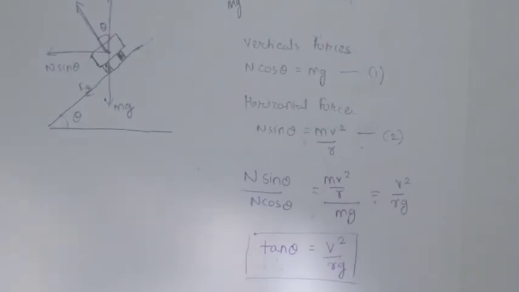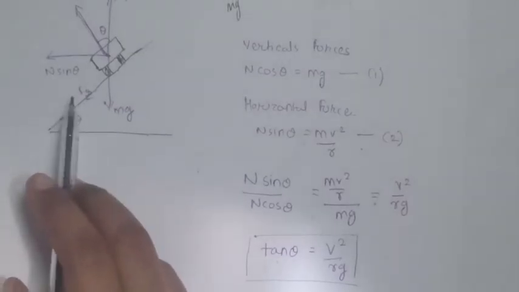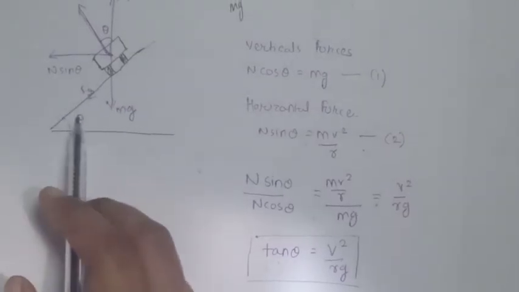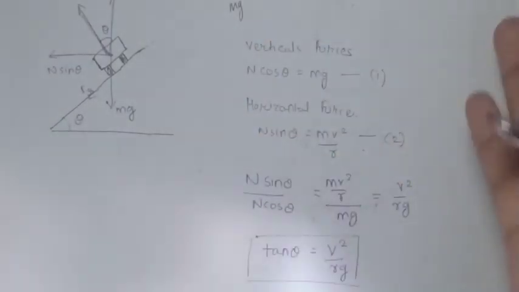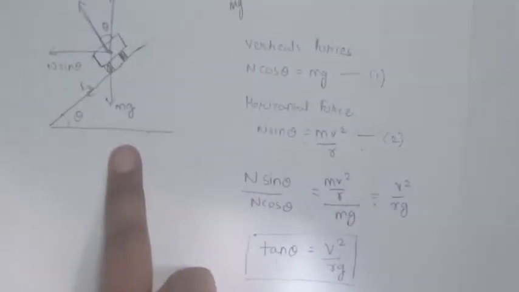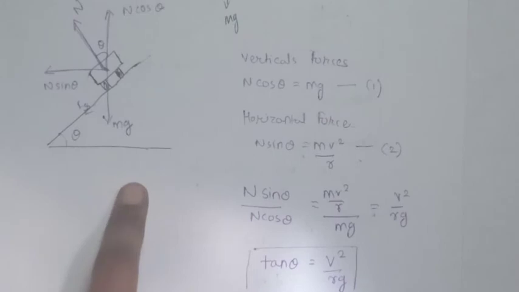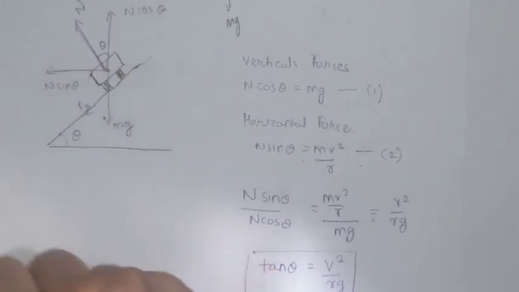Basically, by using a banked road we are relying on the normal contact force instead of the frictional force to provide the required centripetal force. In the earlier example, the centripetal force was given by the frictional force, and in this banked example, the necessary centripetal force is given by the horizontal component of the normal reaction.